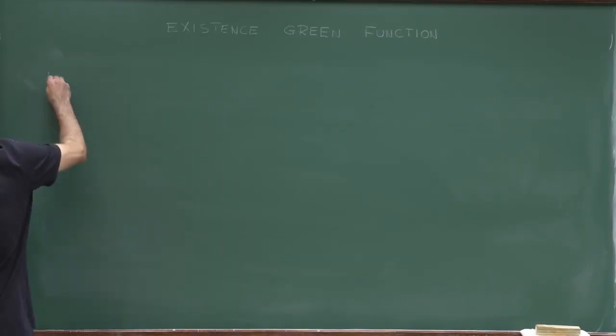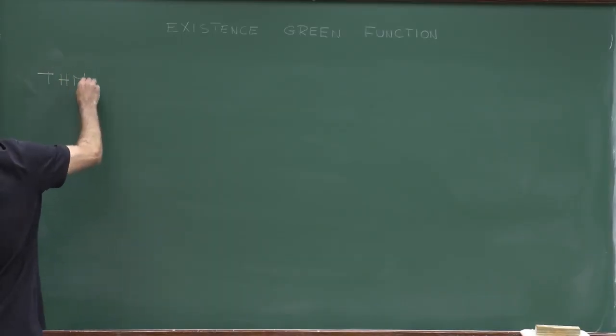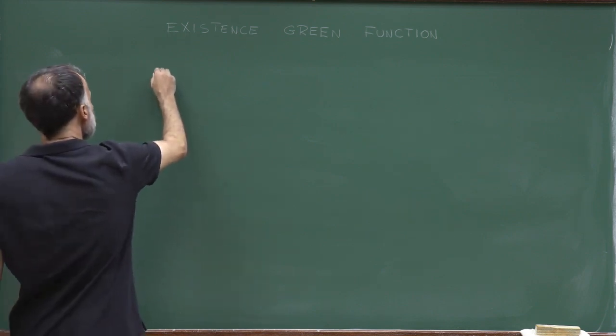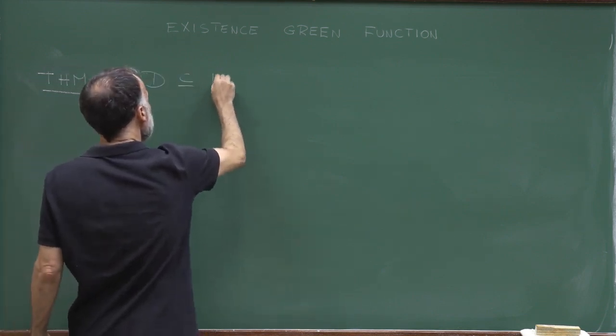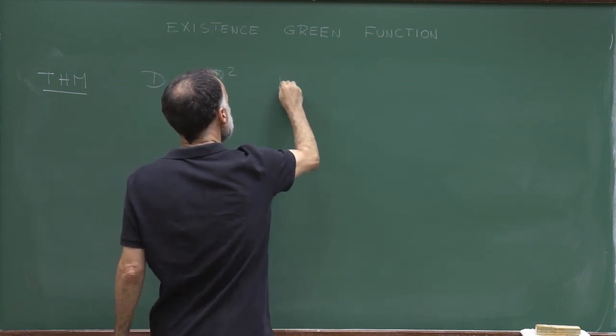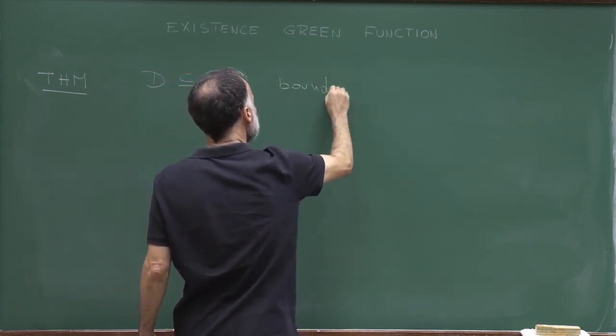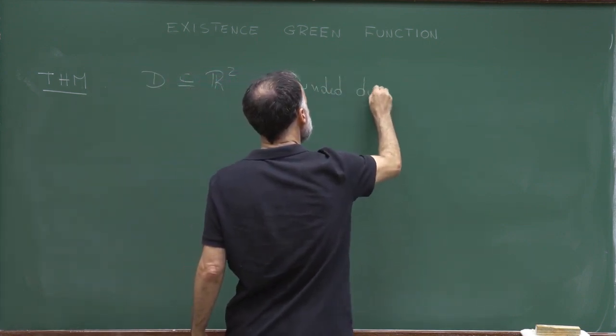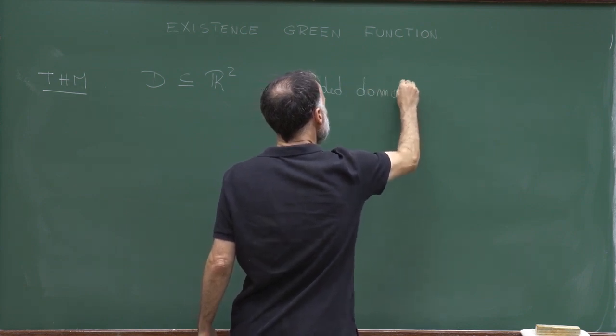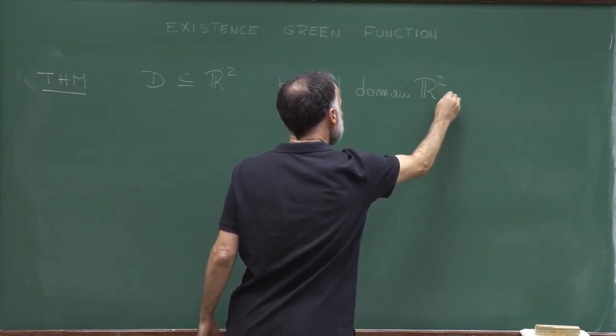So this is why Green functions are important, and we will present now a proof of the existence of a Green function. So here's the theorem which we want to prove. Let's assume that D is a bounded domain of R2.